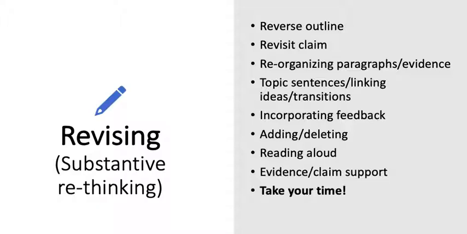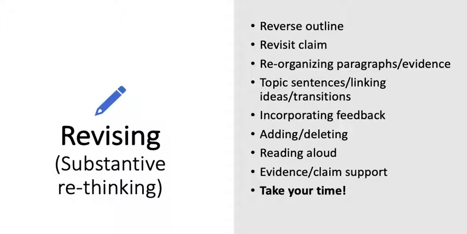Is the claim as strong and clear as possible? Is the evidence as persuasive as possible? Is there enough evidence to support each paragraph, and does that evidence relate back to each topic sentence? Does each topic sentence, in turn, relate back to the main topic of the paper? Those are good places to start.